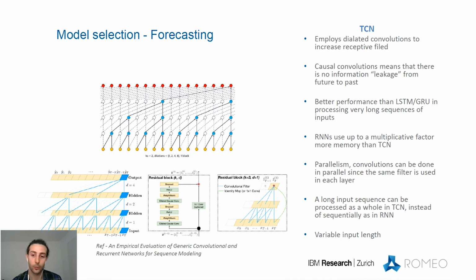And finally, TCNs can also be run in parallel, because you are applying the same filter in each layer. So this can be done in parallel and go a lot faster. And as I mentioned before, we can have a long input sequence, and this is very important for these kinds of problems where you're considering maybe a month at a time. You cannot do that with traditional machine learning, and RNNs will suffer when dealing with that.